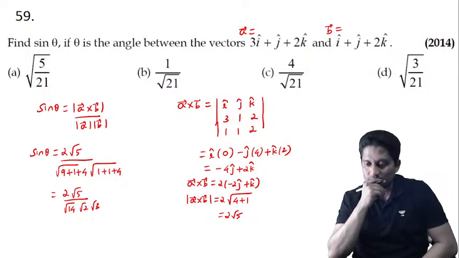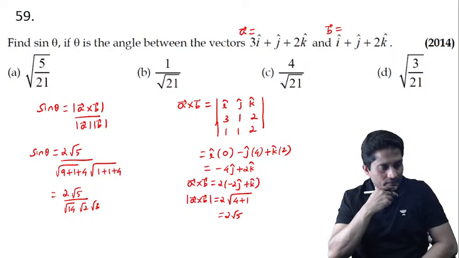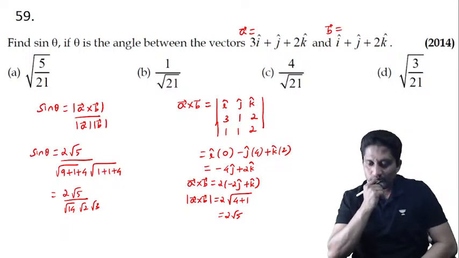First row first column 2 minus 2 is 0, 6 minus 2 is 4, and then you get 2 common. This is right. If I take modulus, you get 2 root 5. Modulus of A is 9 plus 1 plus 4, which is root 14, and modulus of B is root of 1 plus 4 plus 4.